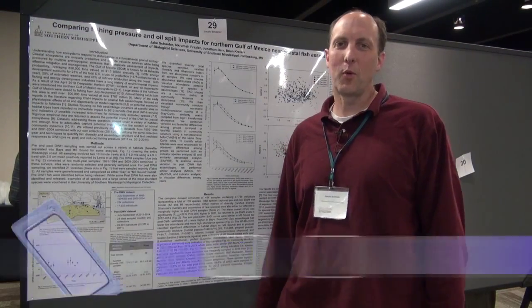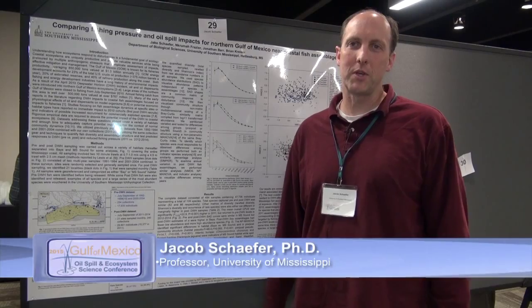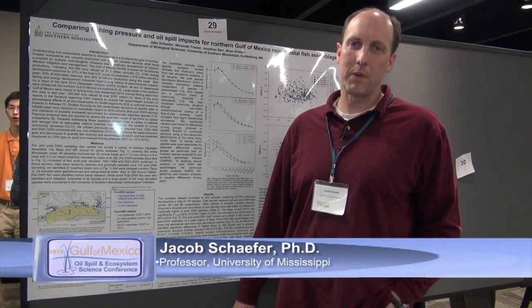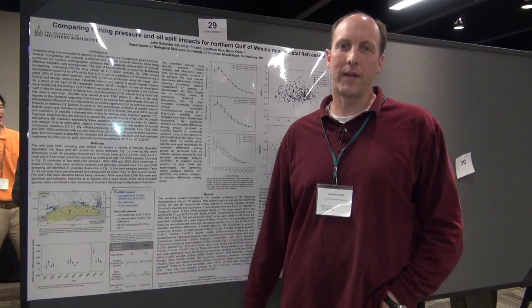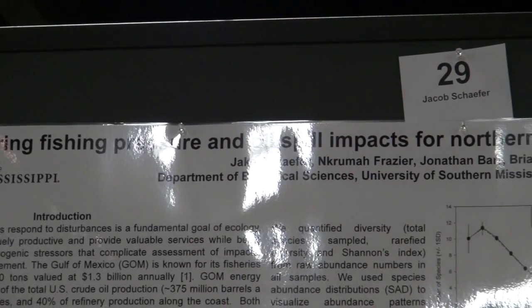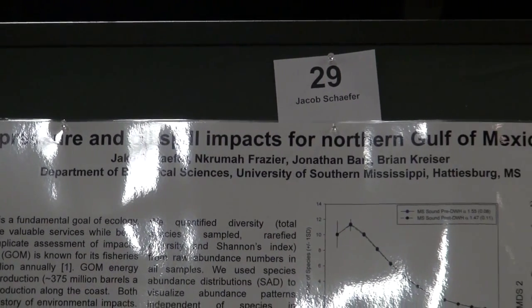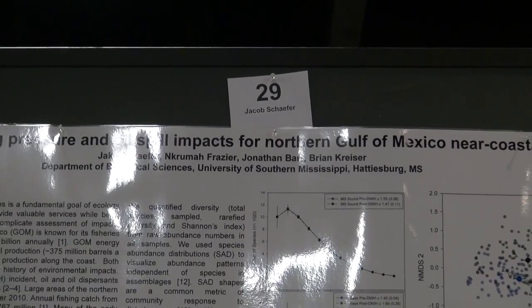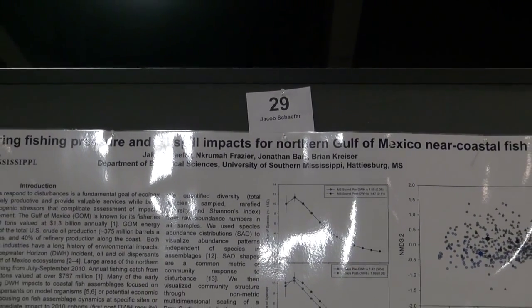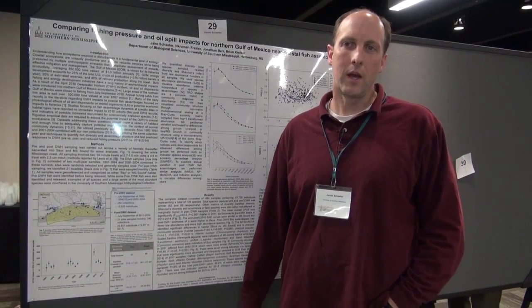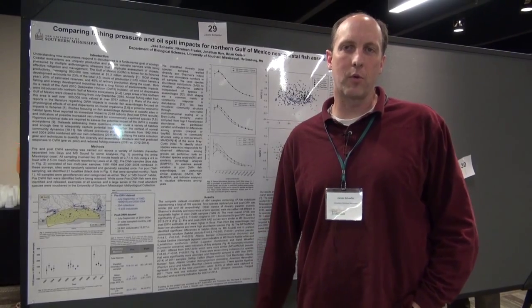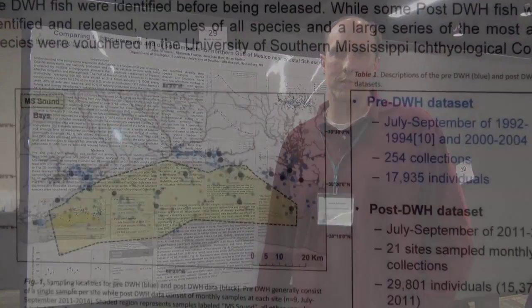We've collected 4 years of data on fish assemblages in coastal Mississippi. So we've got trawl data from summers of 2011 to 2014. And so we're looking for changes in assemblage properties when we compare 2011 and 2014 to pre-DWH data.